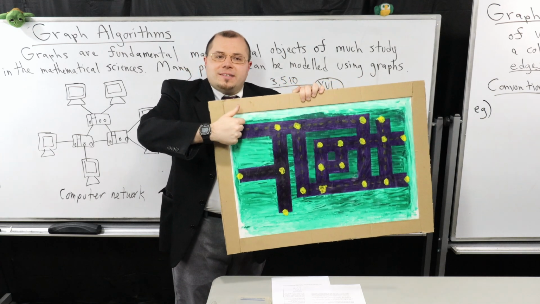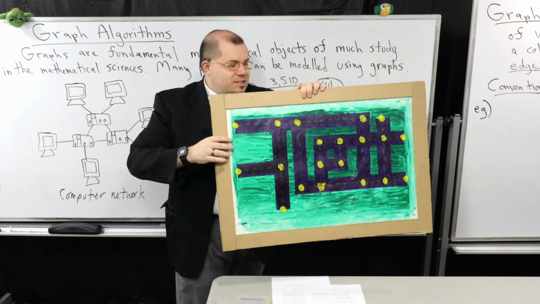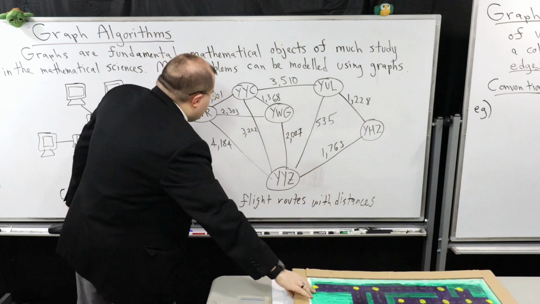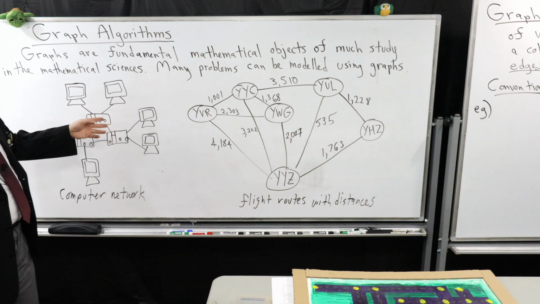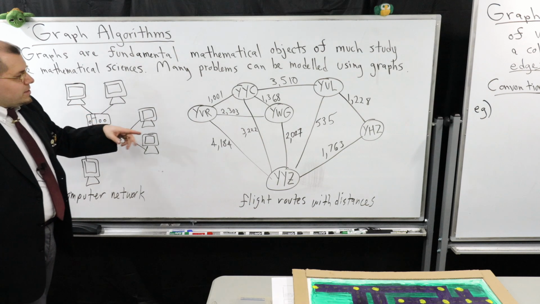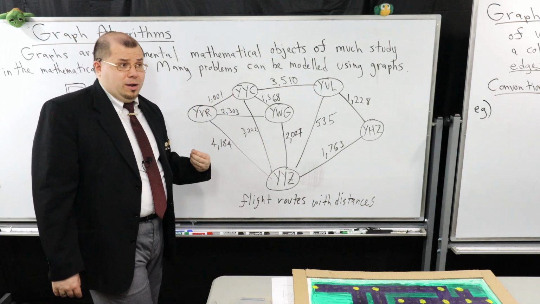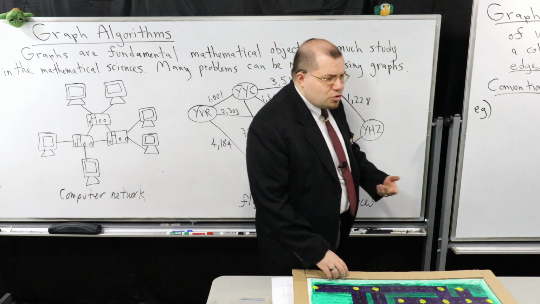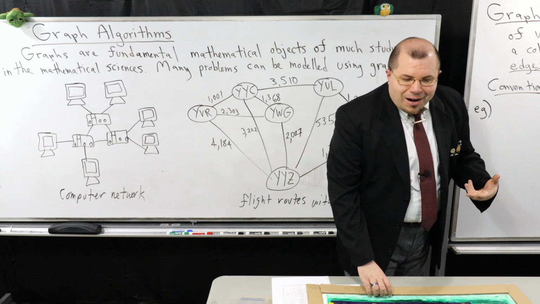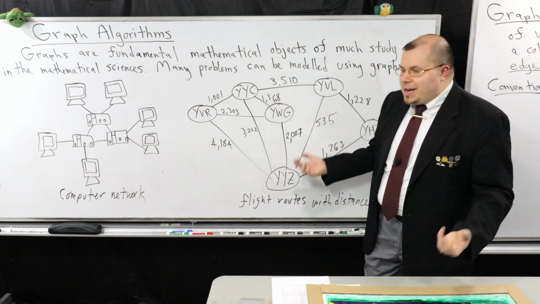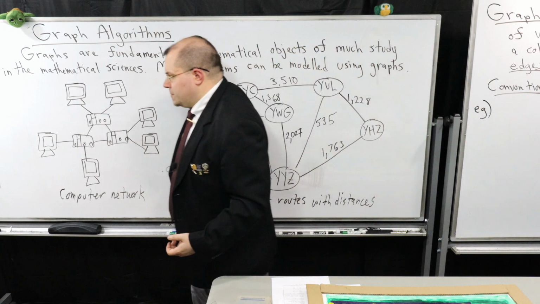And I can use the roads to tell me where they connect to each other, just like in my network, where I have connections between the servers and the clients, and in my airport example, where I have airports connected to each other based on having a flight there or not. So graphs are, I would argue, quite natural for talking about many different kinds of problems.